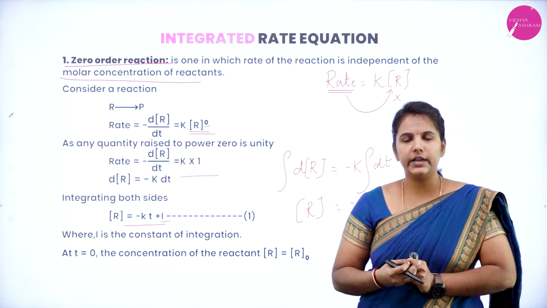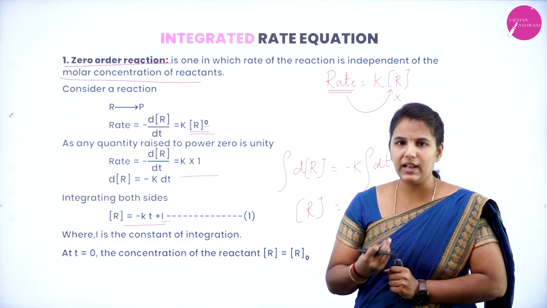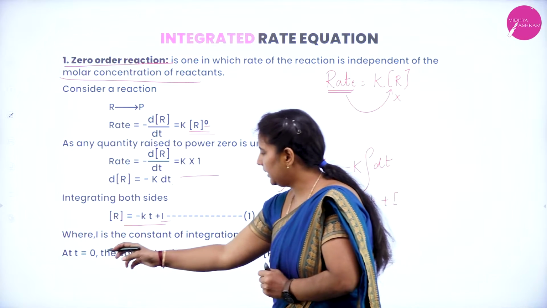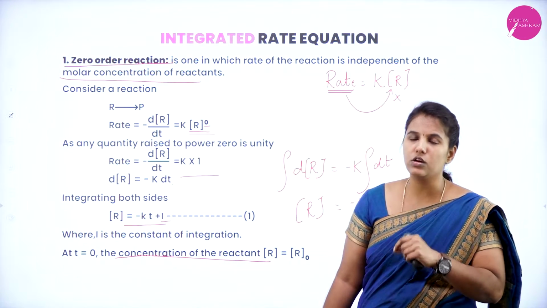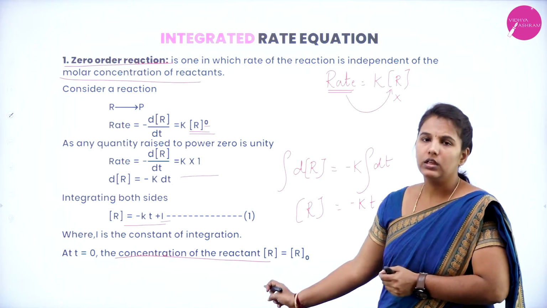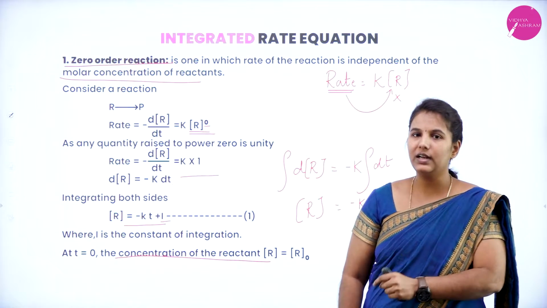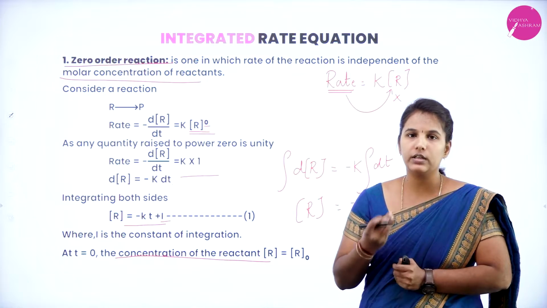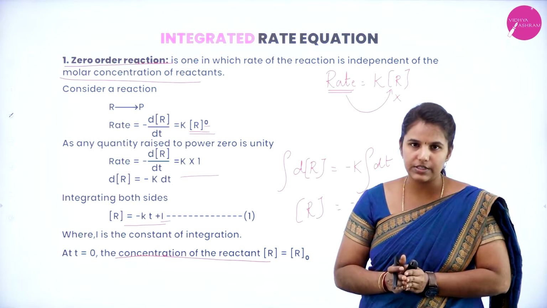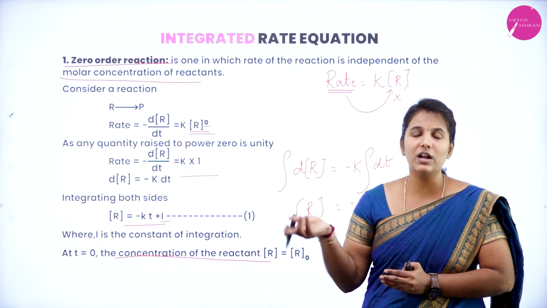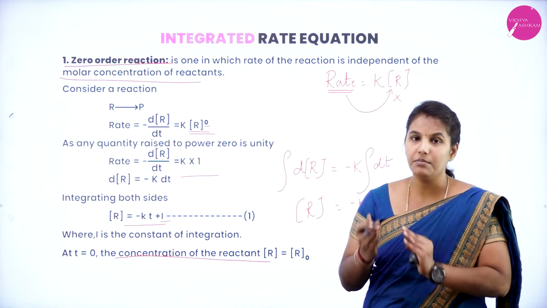Now, after getting the integrated rate equation, I'll consider time 0. Then the concentration of the reactant will be equal to the molar concentration of R naught. Why? We know that at the initial step, the concentration of the reactant will be as such. It does not decrease or increase because it is not involved in the reaction itself at time 0.